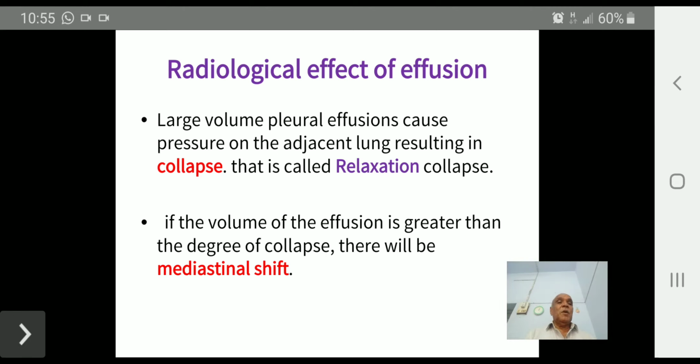If the volume of the fluid is greater than the degree of the collapse, there will be a mediastinal shift. But for the undergraduate level, effusion always shows mediastinal shift to the opposite side. But at the postgraduate level, effusion may have no shifting of the mediastinum, or sometimes shifting to the same side, and we should differentiate.